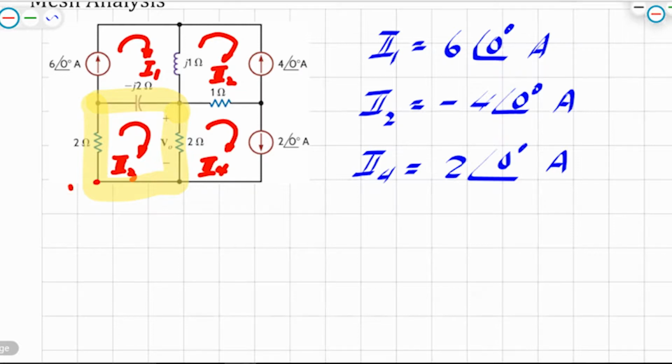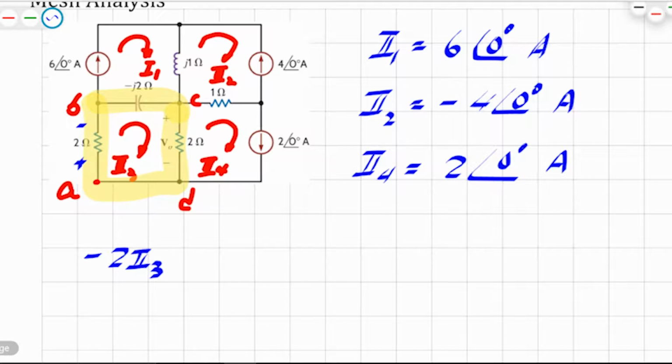So I'm going to start from here, A, B, C, D. Now, we have a negative 2 times I3. This is from Ohm's law, the voltage across the 2 ohm resistor. And again, we apply the passive sign convention.